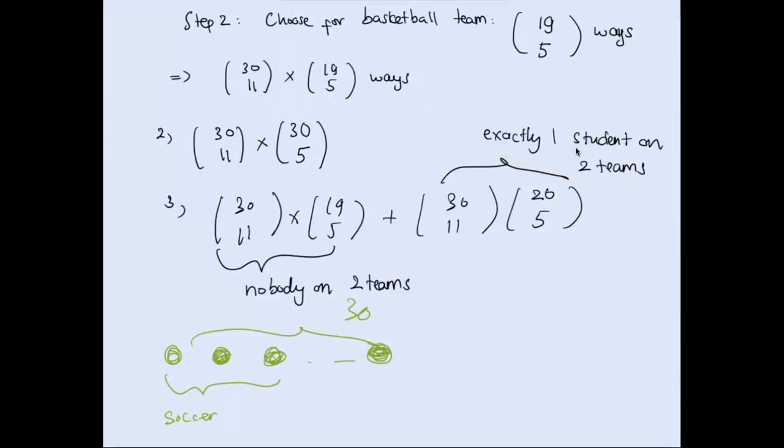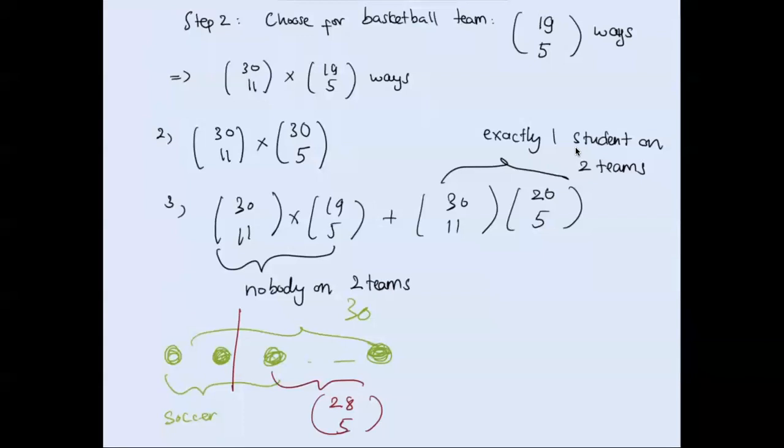So you say, okay, I will not subtract 3 when I choose the members for basketball, but instead I only subtract 2. Let's say I only subtract these 2 and I allow this one to be chosen to be in basketball. And then I do, here is 28 choose 5 to be on basketball.